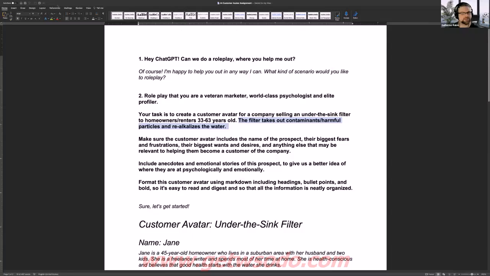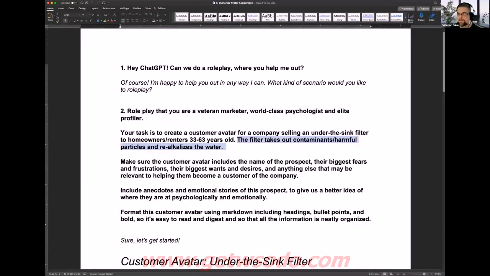All right, so now let's take a look at the ads. Share screen.